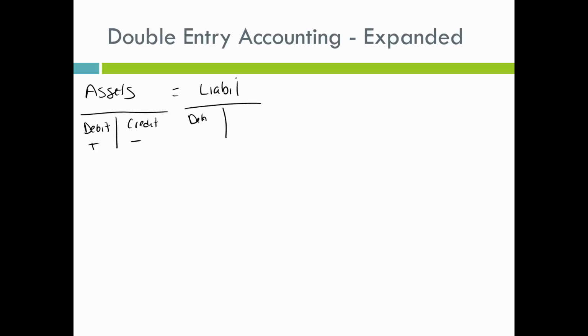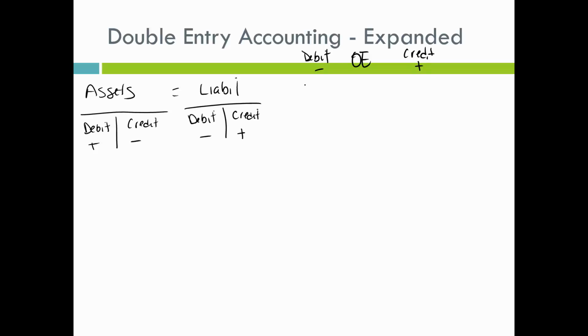If I debit a liability, that's a decrease. If I credit it, that's an increase. Now I'm going to take that owner's equity, and I said on the last slide that owner's equity looks just like the liability. A debit is a decrease, and a credit is an increase.